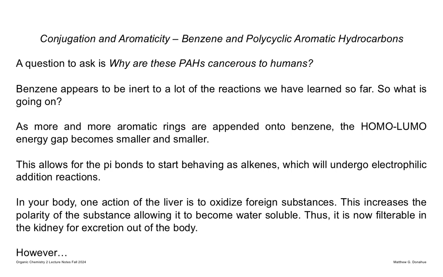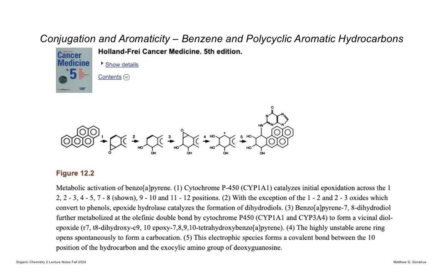As you add more and more of these rings, the reactivity of the molecules increases, to a point where I ripped off this slide just to show you the reactivity. Here's a PAH found in soot.